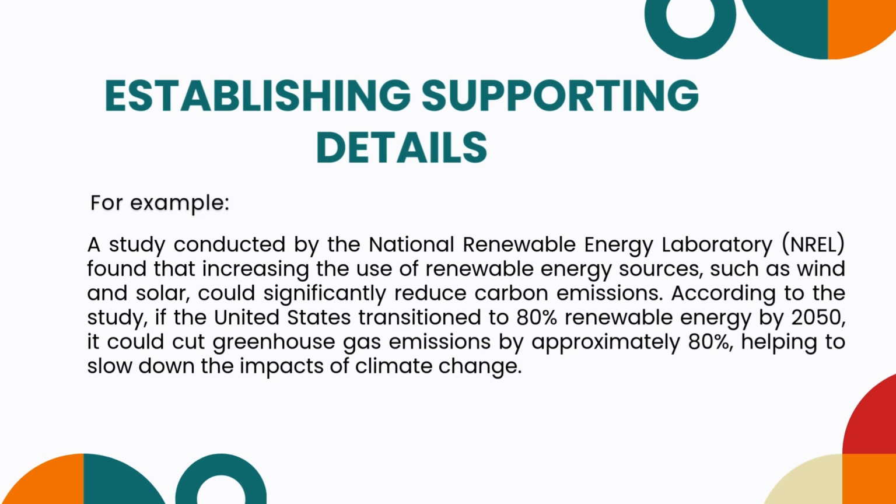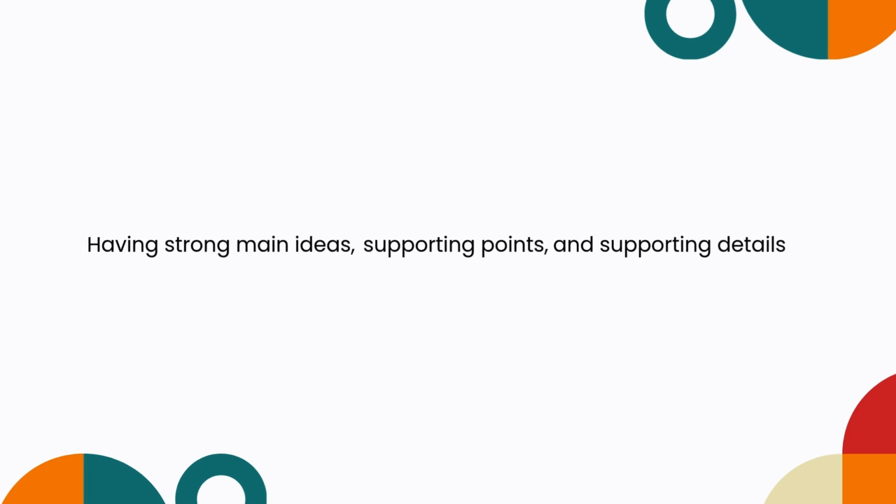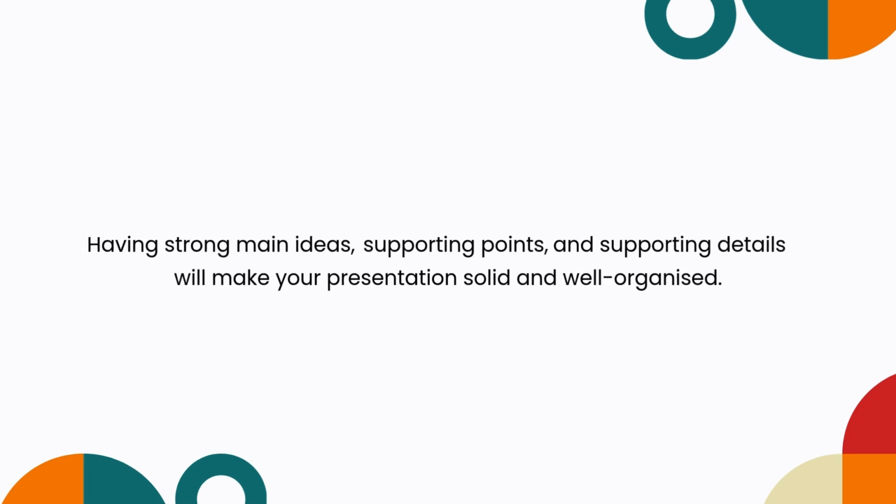According to the study, if the United States transitioned to 80% renewable energy by 2050, it could cut greenhouse gas emissions by approximately 80%, helping to slow down the impact of climate change. Your supporting details must be taken from credible sources. Clearly, having strong main ideas, supporting points, and supporting details will make your presentation solid and well organized.